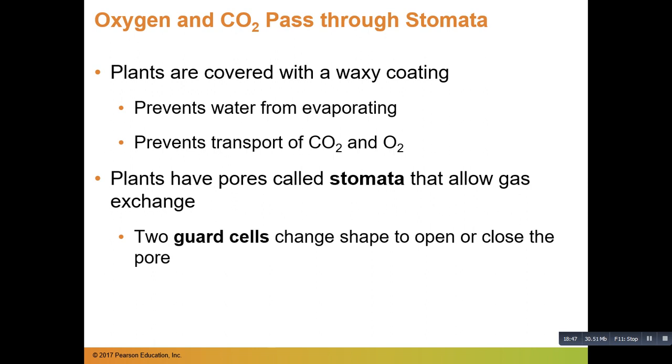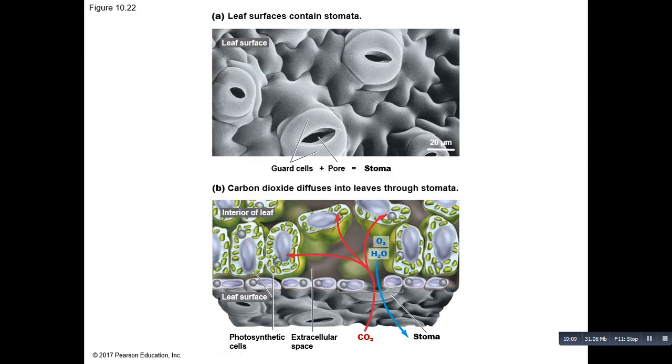They're basically controlled by two guard cells that change shape to either open or close the stoma, or the stomata. Here's what they look like. At the top diagram here, we see leaf surfaces that contain stomata. All right, now those open stomata allow the CO2 to diffuse into the leaf and for oxygen to diffuse out.